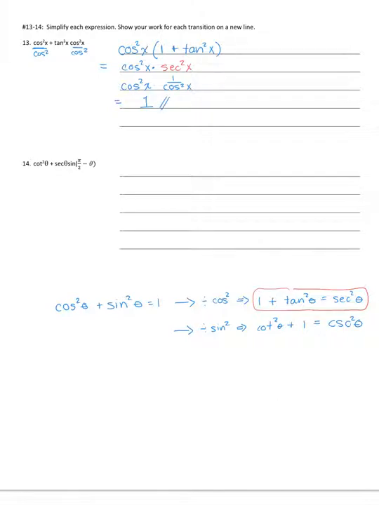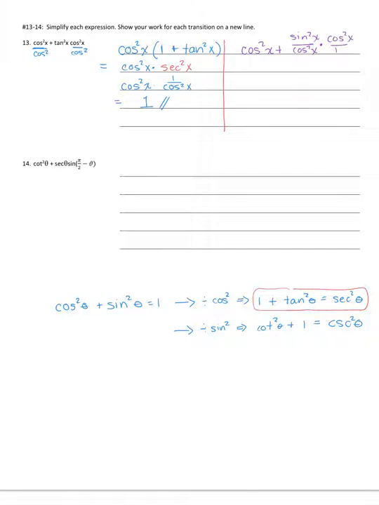Now, let's say you don't know how to derive that other identity, and you're not sure what to do. Well, you can start from the beginning and turn everything into cosine squared and sine squared. This is how that would work. I'd start off with cosine squared x plus, we know that tangent squared is sine squared over cosine squared, times we still have a cosine squared x over 1.